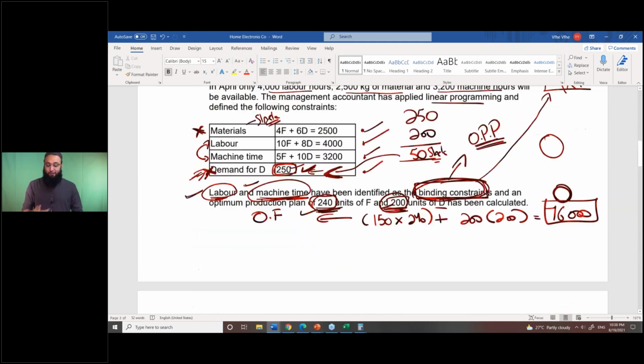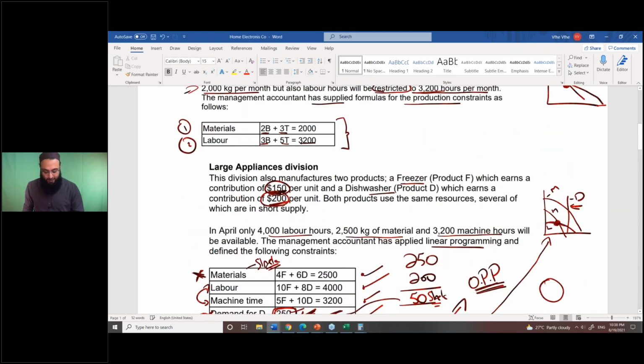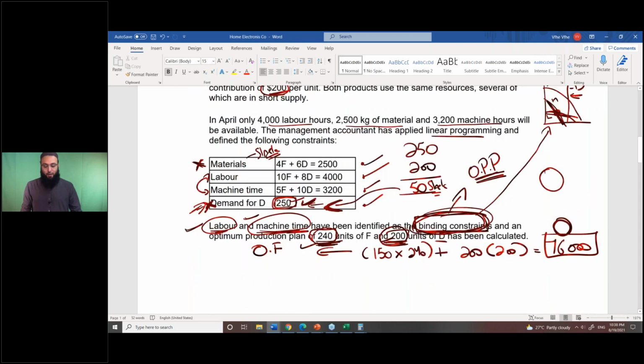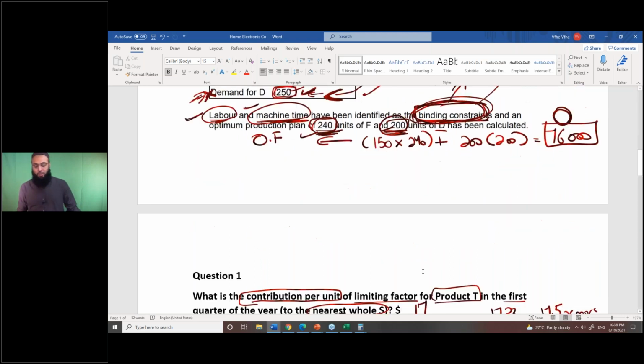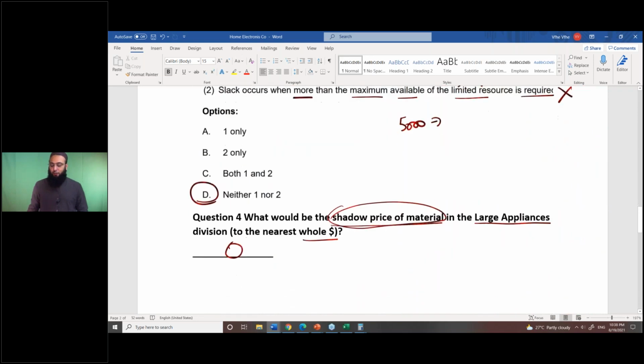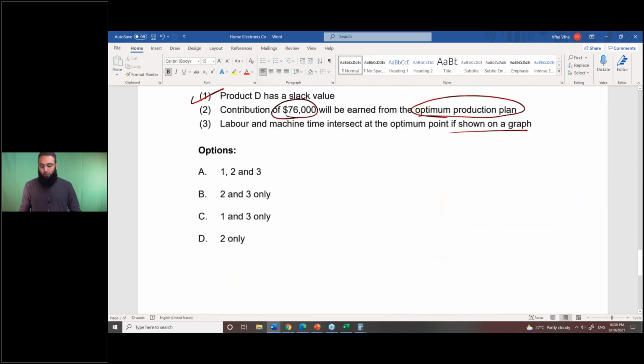Yes, labor and machine lines are intersecting because it was an indication that these two are the binding constraints in the final answer. The optimum point is there because on the basis of these two you have worked out the answer. So there was an intersection point where you worked out the final answer. So yes, exactly, and A is the answer.